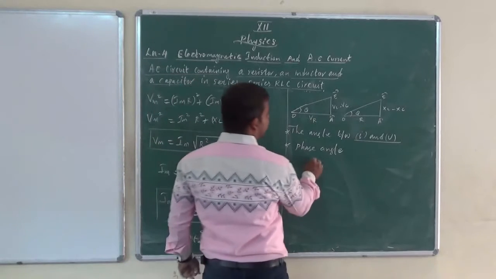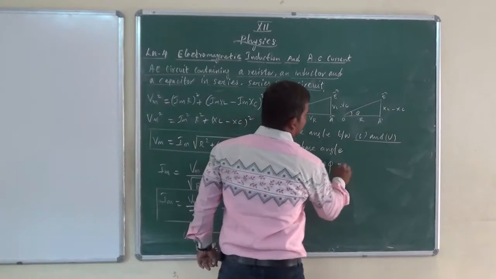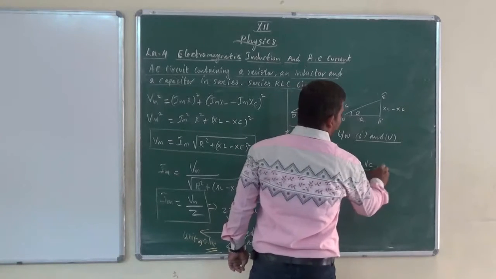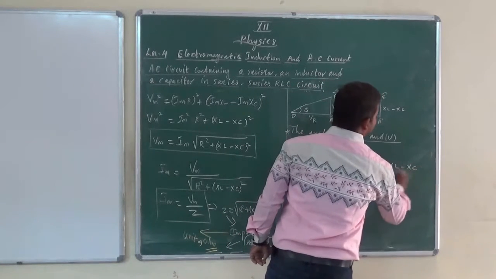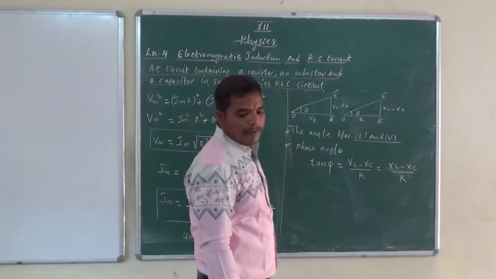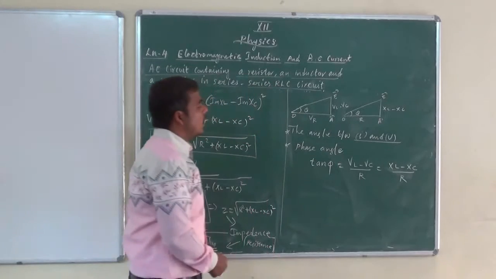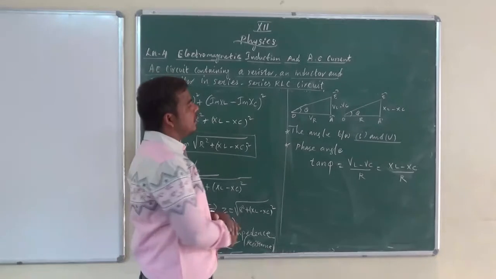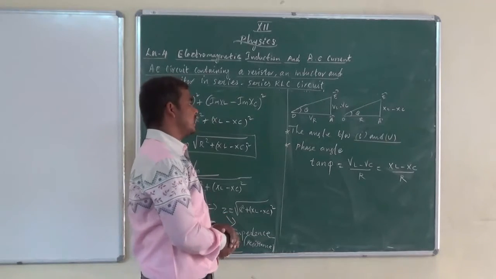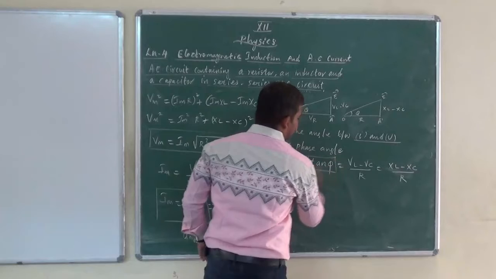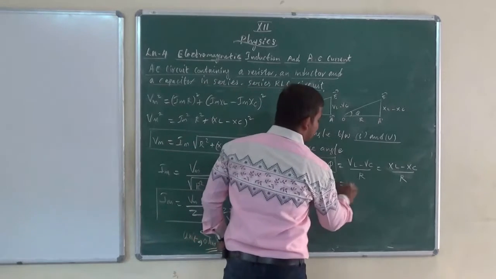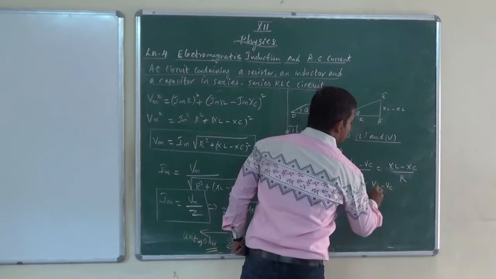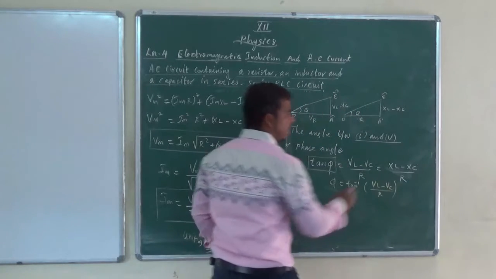The phase angle is connected by tan phi equal to VL minus VC by R, equal to XL minus XC by R. So the angle between I and V is represented by the phase angle, and phi is equal to tan inverse of (VL minus VC) by R, or (XL minus XC) by R.